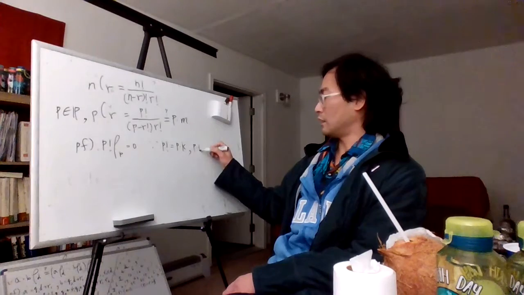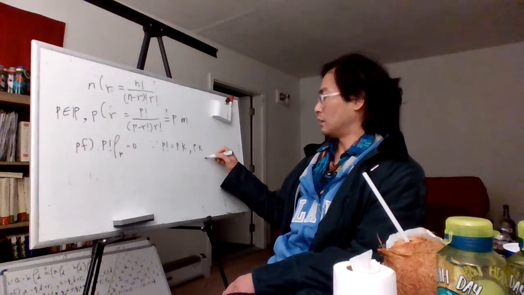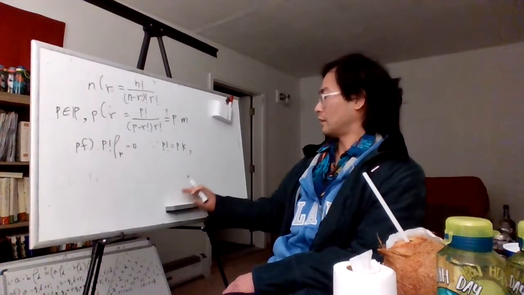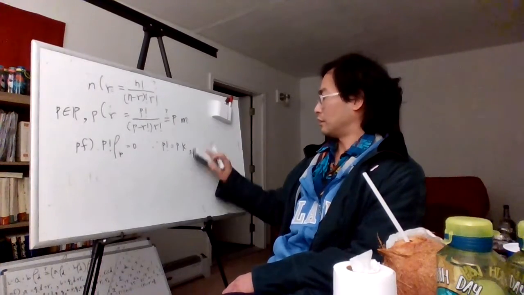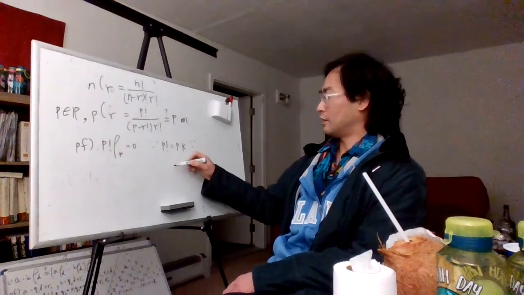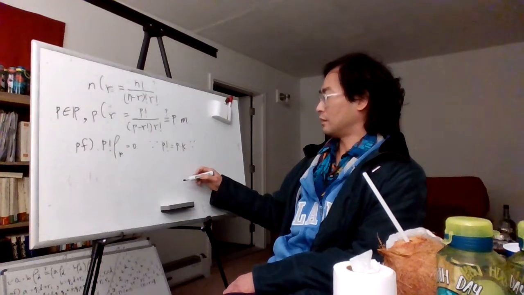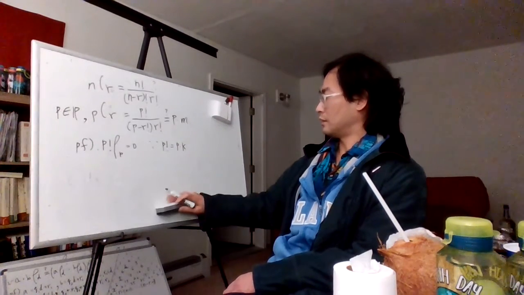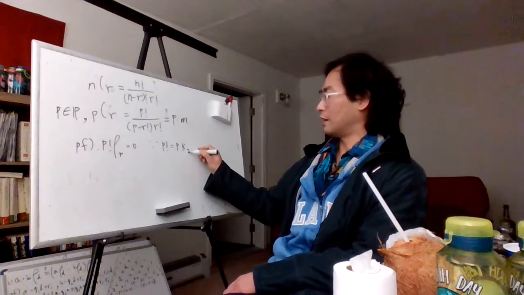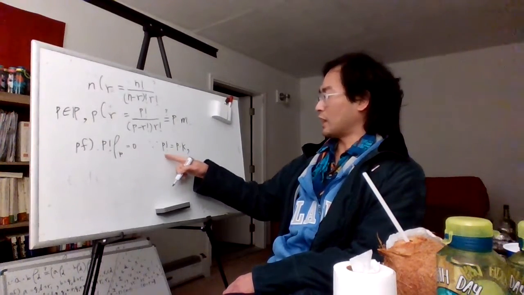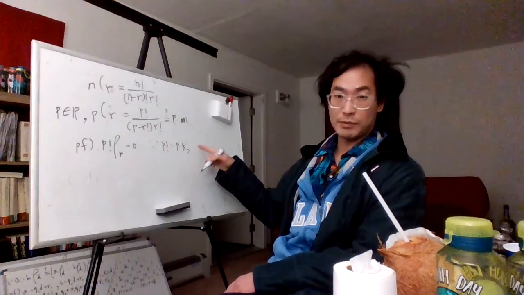p times k, well, because, p factorial is p times (p minus 1) times ... times 1, right?